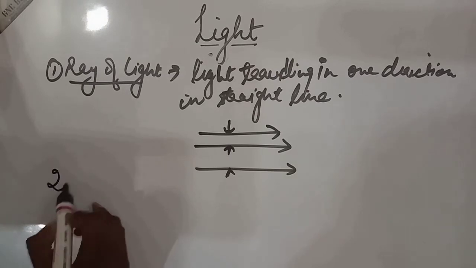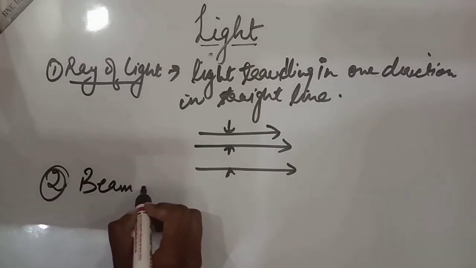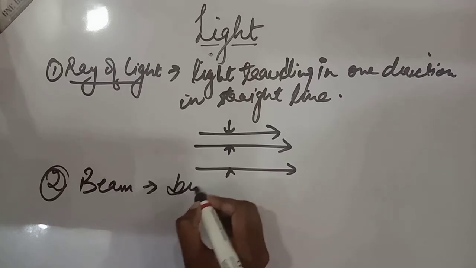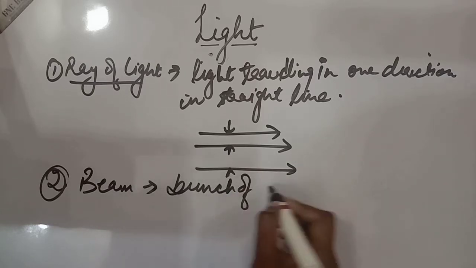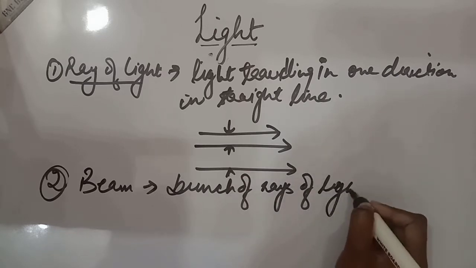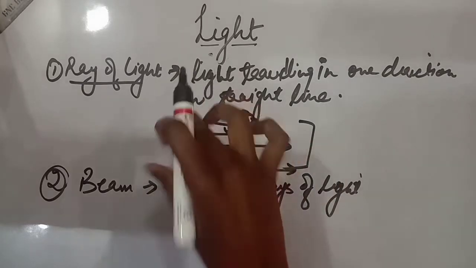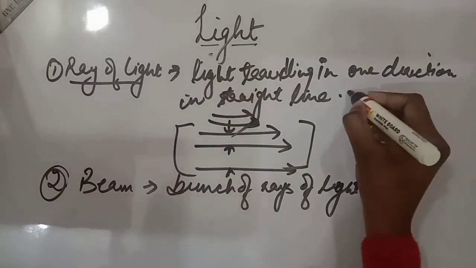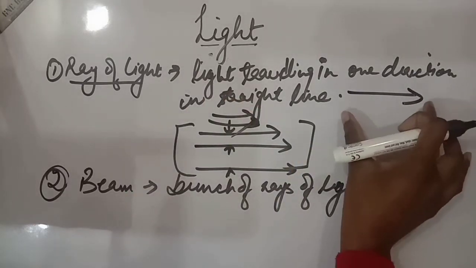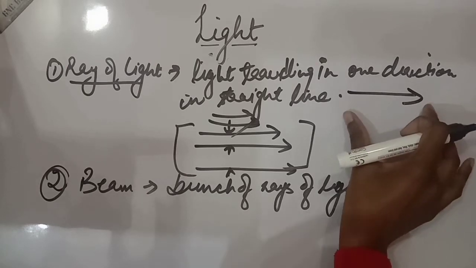Now the second term is beam. A beam is a bunch of rays of light. If we are talking about a single ray, a single straight line path of light, then it is called a ray of light.